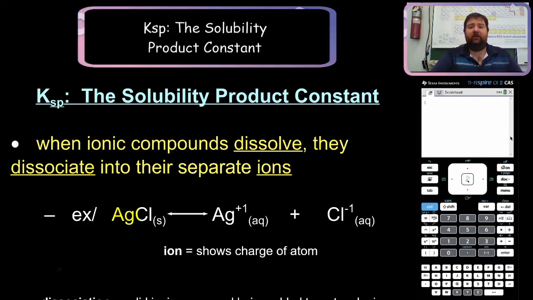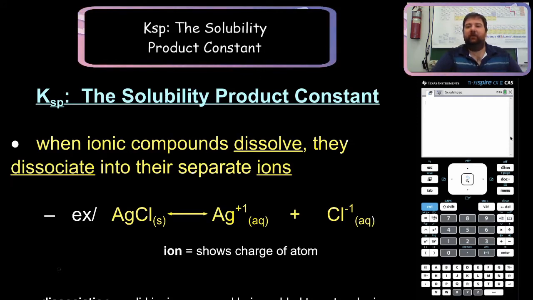Here's an example where you have silver chloride, which is a solid, and it's going to dissociate into Ag+, silver 1 plus, which is its charge. This is a positive ion, otherwise known as a cation, and it's also going to dissociate into Cl−, chlorine minus. So the AgCl is going to split up into its positive and negative ions.